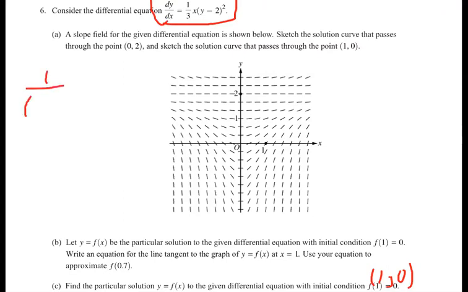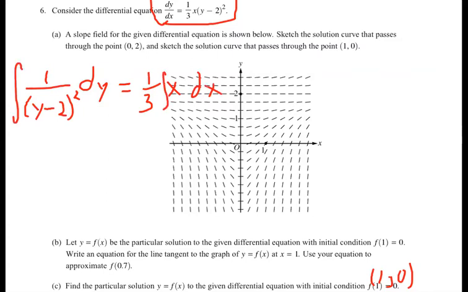We got to get that y minus 2 squared over to the left side with the dy. And then we've got to get the dx over there with the 1/3 x over there with the dx. And then we are going to integrate, and we are going to integrate.